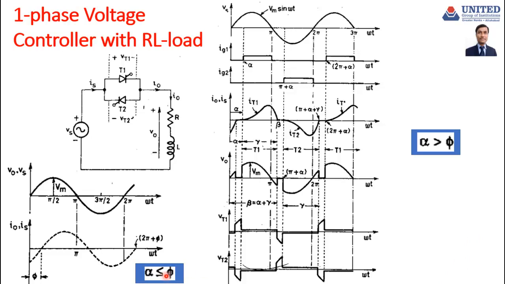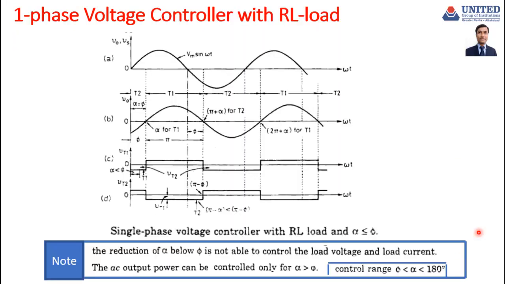Now let us see the case when alpha is less than or equal to phase angle phi. Here we assume that the AC voltage controller is working under steady state with alpha equal to phi. From 0 to phi, T2 conducts, and from phi to pi plus phi, T1 conducts.